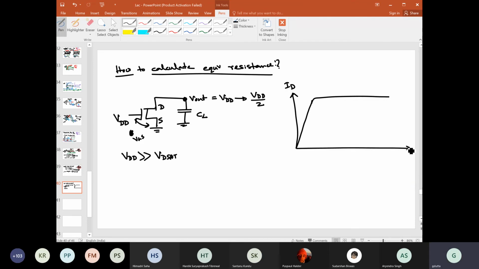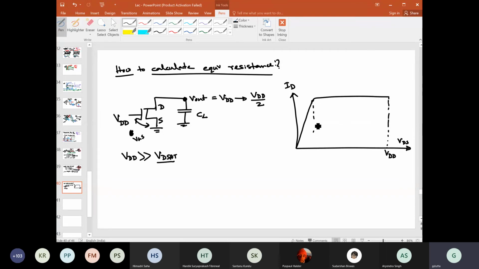I will extend it a little bit more. This axis is VDS, and this is ID. Say this voltage is VDD, and then this point is VDSAT.